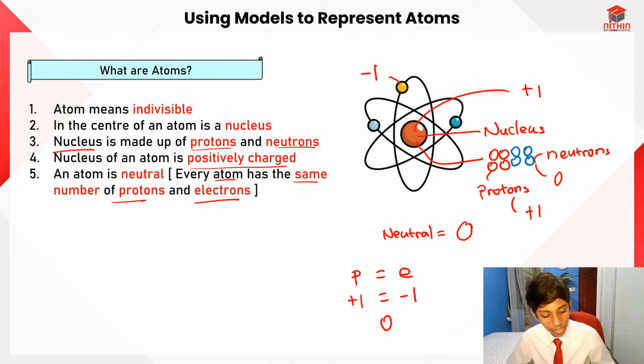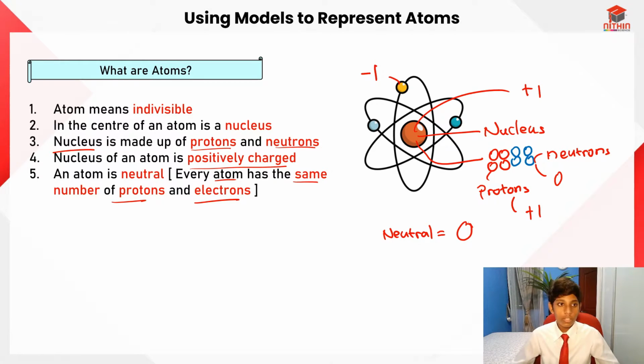So I hope you understand what I'm trying to say here. And if an atom is not neutrally charged, it is not an atom. Okay, it is something else like an ion or cation. Actually these are things that you're not learning in Sec 1 right now, but you'll learn it later in upper secondary school. Okay, so that's something important that you need to know. Okay, so let's move on.